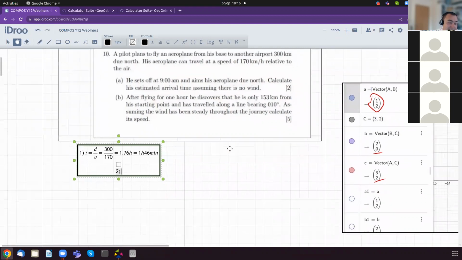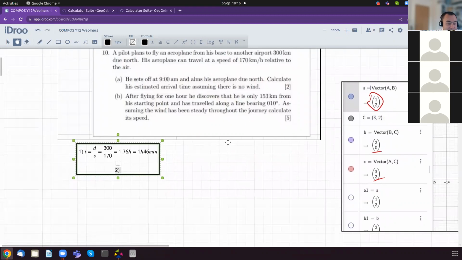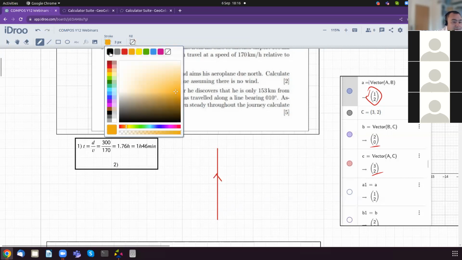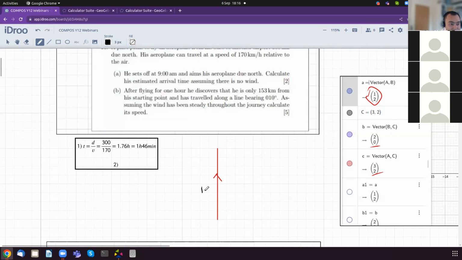So basically what has happened is that he was flying and his velocity is like this. So if there was no wind, he would end up 170 kilometers north.